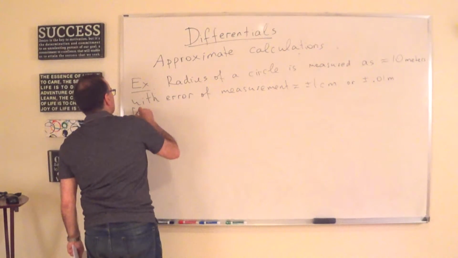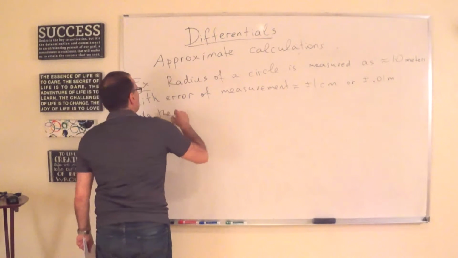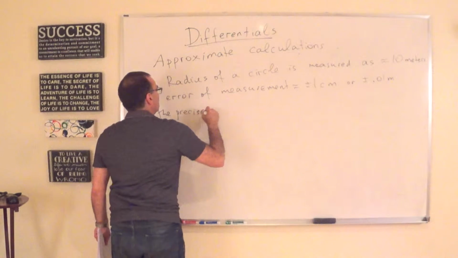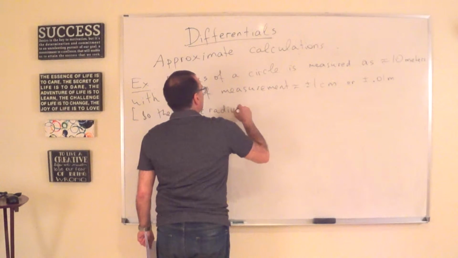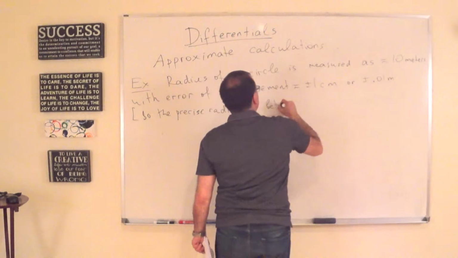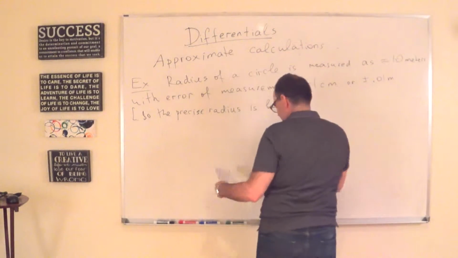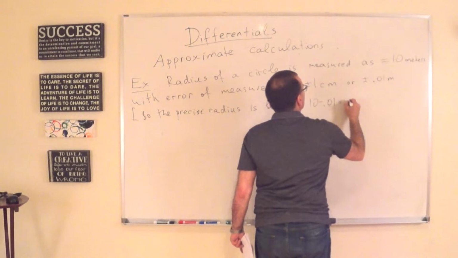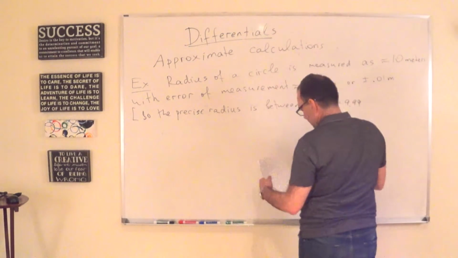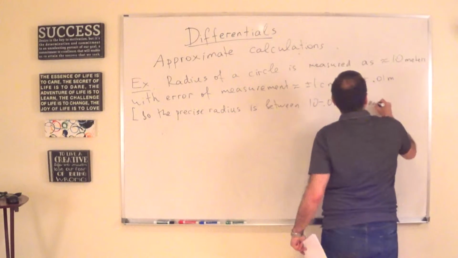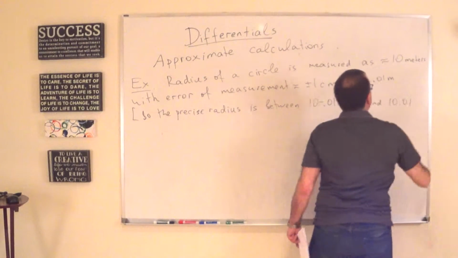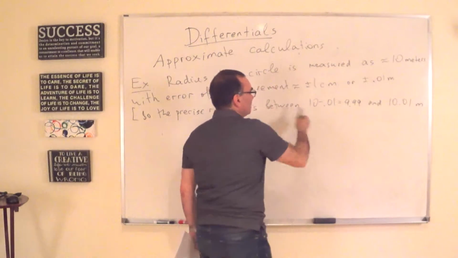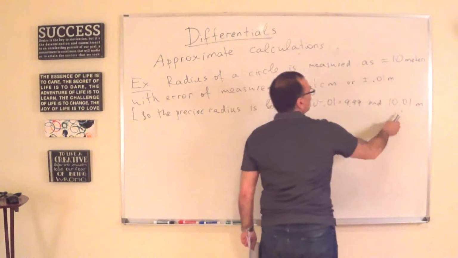So the precise radius is between 10 minus 0.01, which is 9.99, and 10.01 meters.